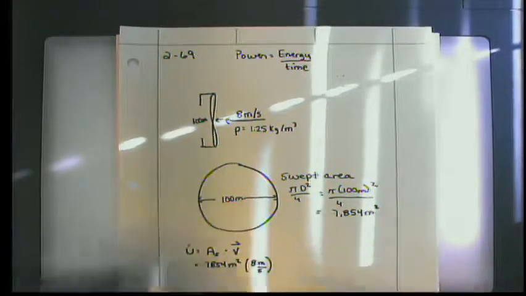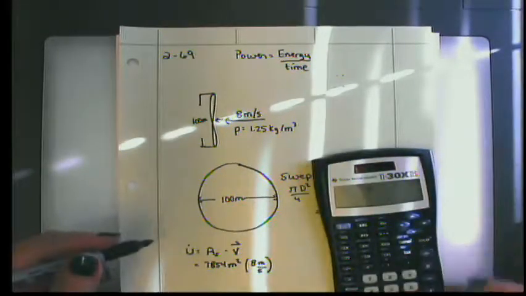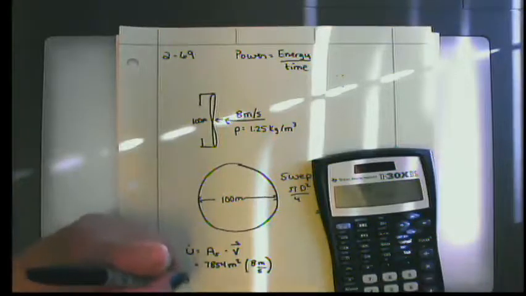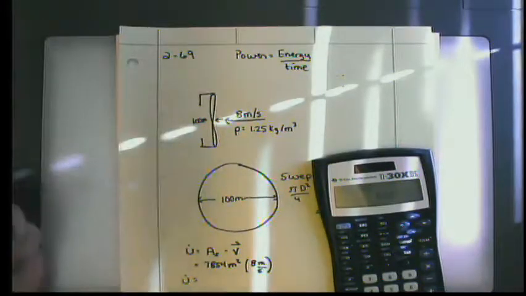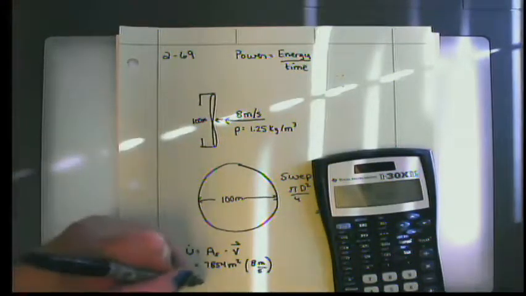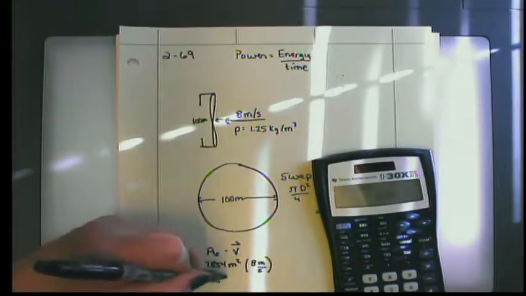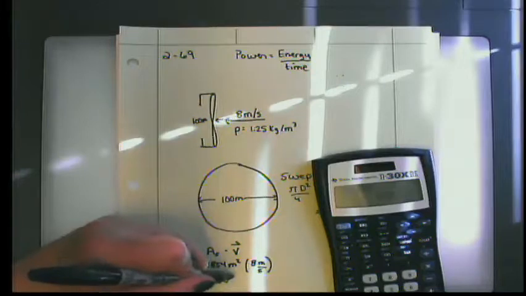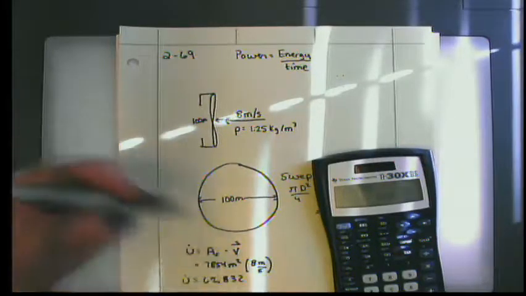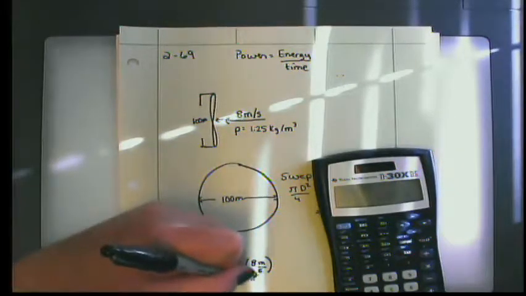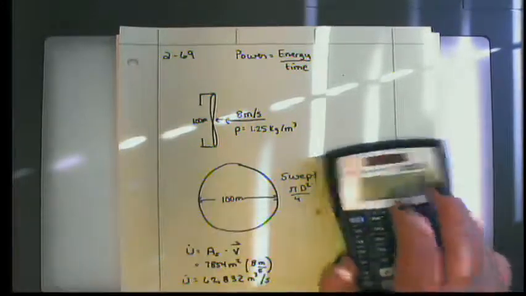And if I multiply those two numbers together, I find that the volumetric flow rate of air passing through my wind turbine is 62,832 cubic meters per second.